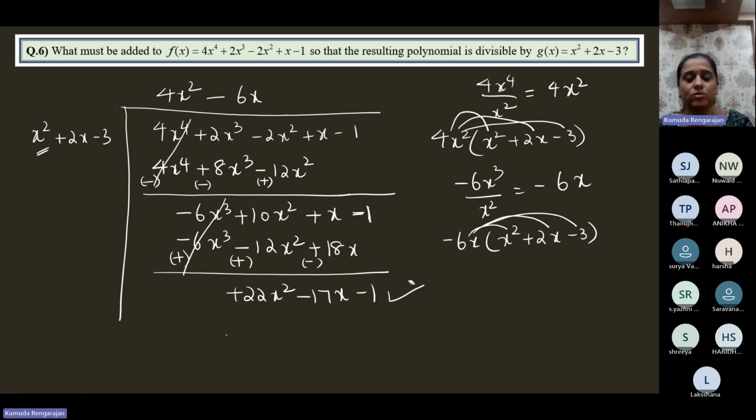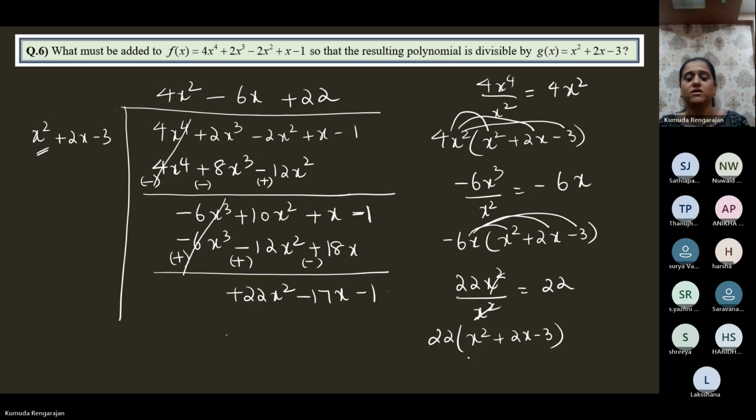Divide the first term of the new dividend by the first term of the divisor. So 22x squared divided by x squared is plus 22. Now multiply 22 with every term of the divisor. 22 into x squared is 22x squared. 22 into plus 2x is plus 44x. 22 into minus 3 is minus 66.